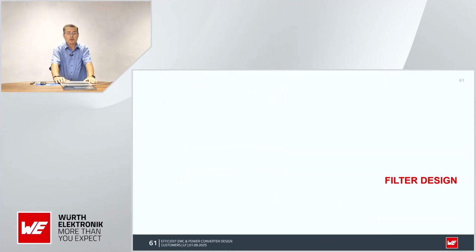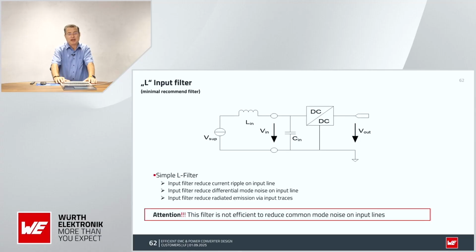Now, you want to know the best filter design. I'm sorry, it doesn't exist. Depending on the situation, you have to tune your ferrite, you have to tune your filter. I would always think like this: I have an input capacitor with an adequate capacitance value, and I have to think about the inductance behavior.